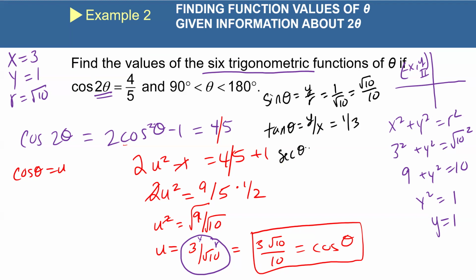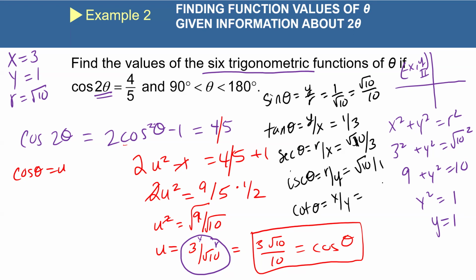So secant theta, secant is the reciprocal of cosine, so r over x, which gives us square root of 10 over 3. Perfect. And we have cosecant theta, which equals r over y. Perfect. And then we have cotangent theta, which is x over y, which is just 3.